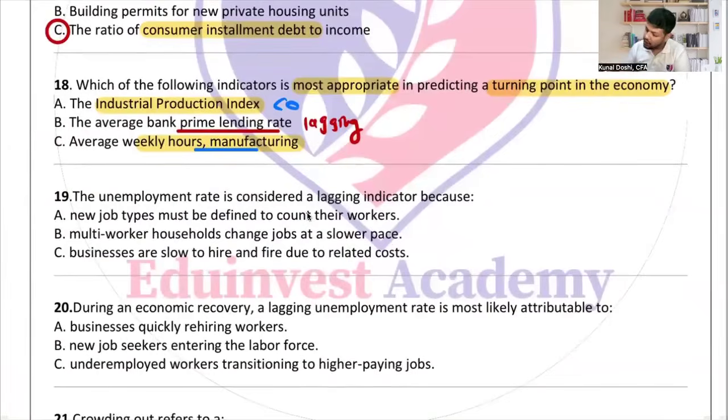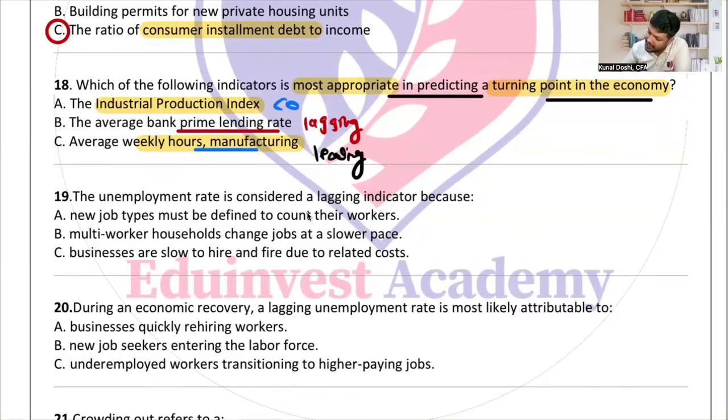Now, what is the question here? The question is which of the following is most appropriate in predicting a turning point. Who is going to give you the information beforehand? That is the leading indicator.